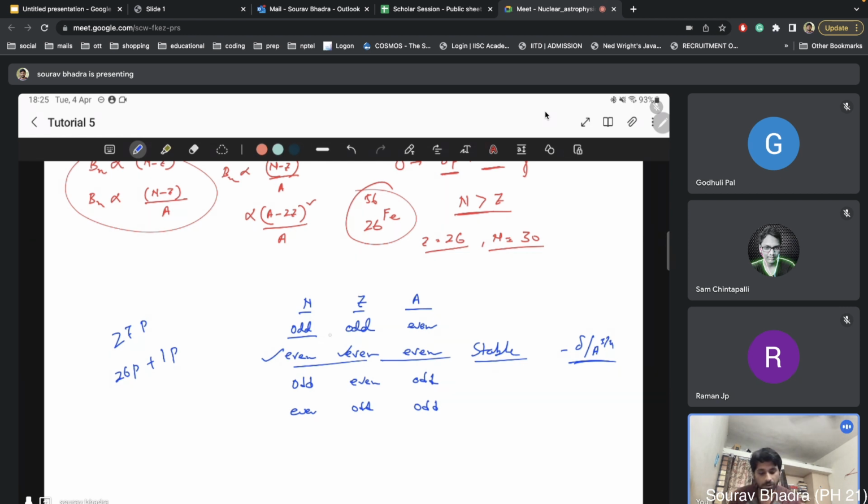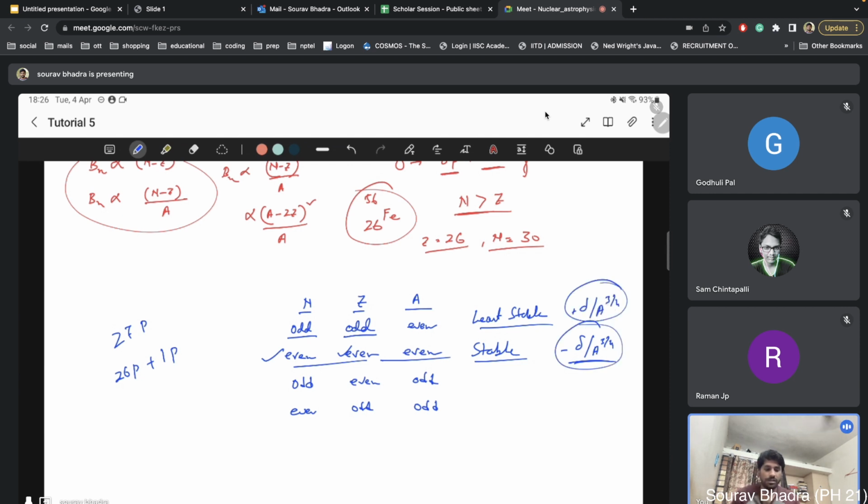Similarly, for the odd neutron case, there will be a single unpaired neutron. That's why it decreases the stability of the nucleus, and it is the least stable configuration. So for the least stable configuration, that value will be plus delta by a to the power 3 by 4.